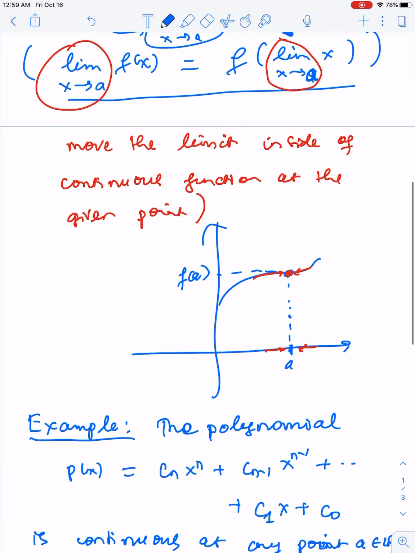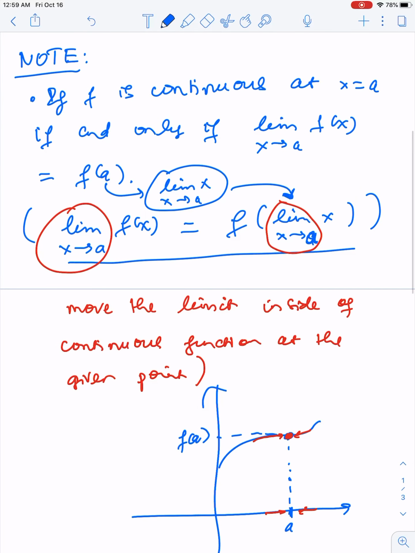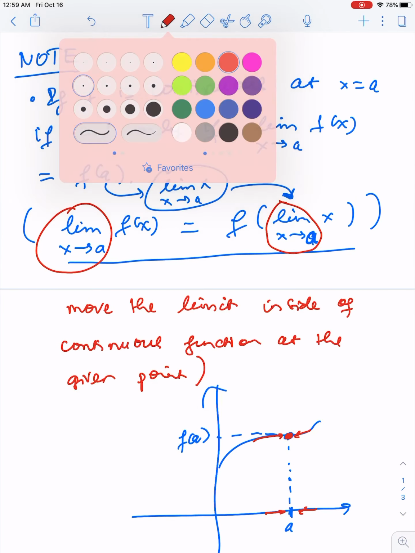We use the observation that I wrote down over here to prove it.